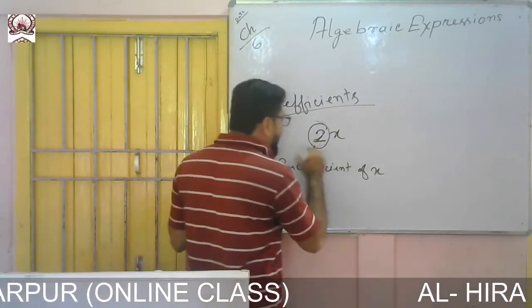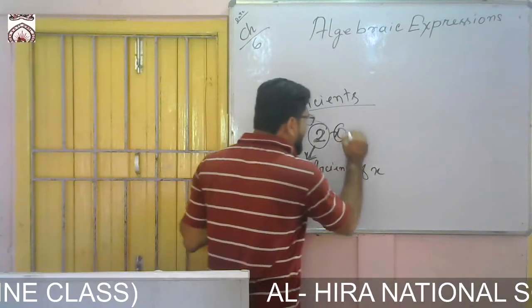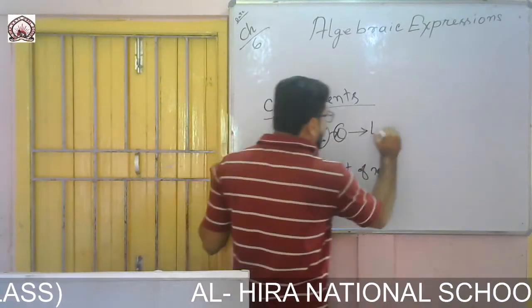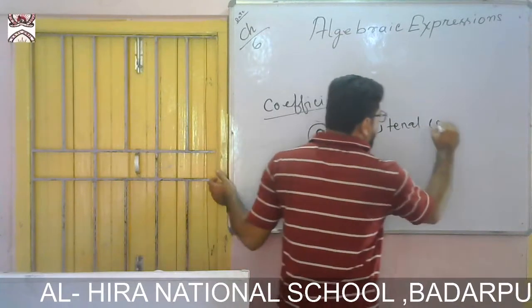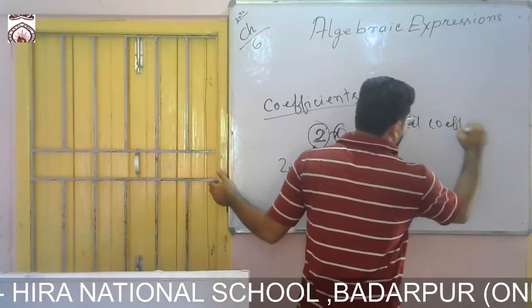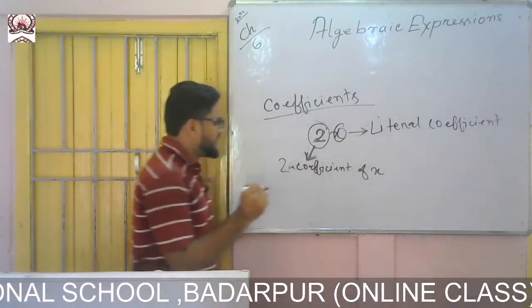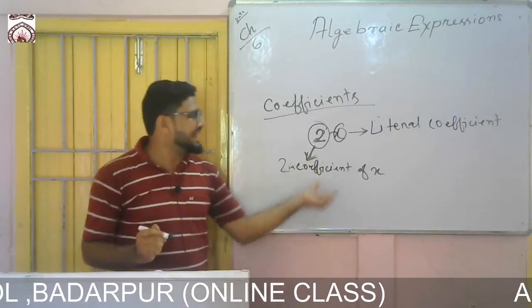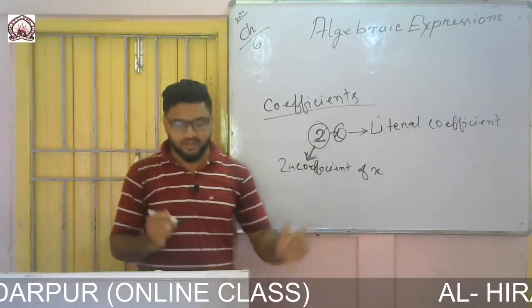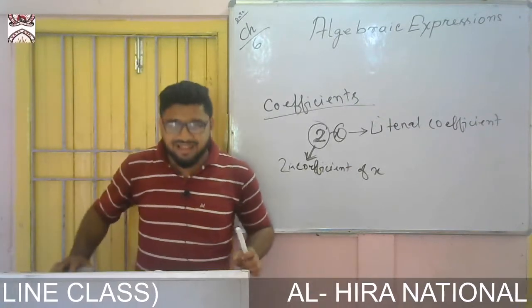So here 2 is the numerical coefficient, and x is the literal coefficient. Understood?